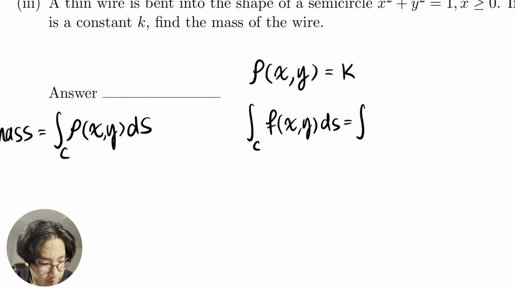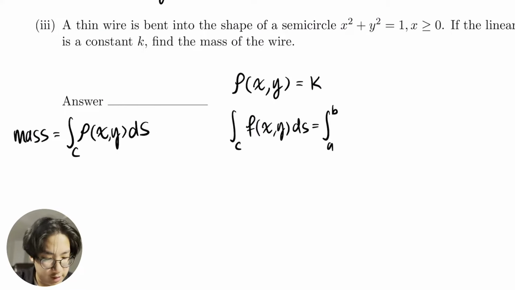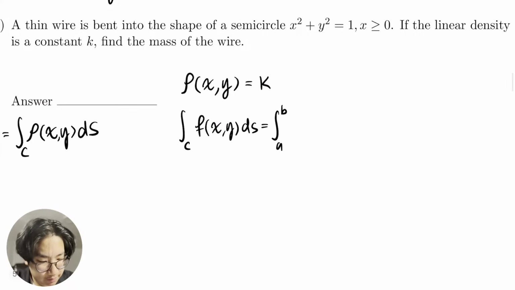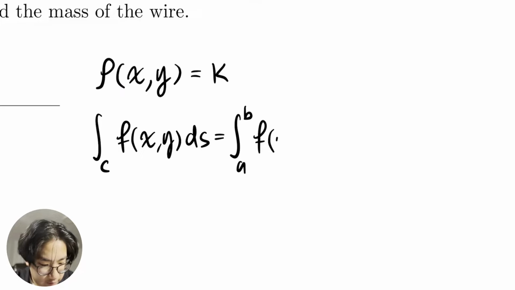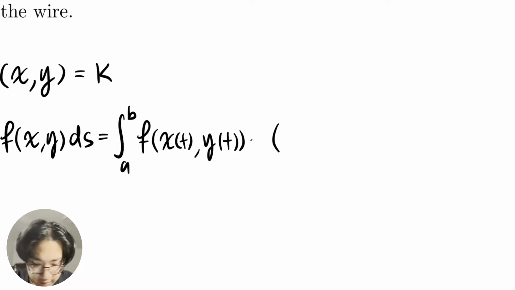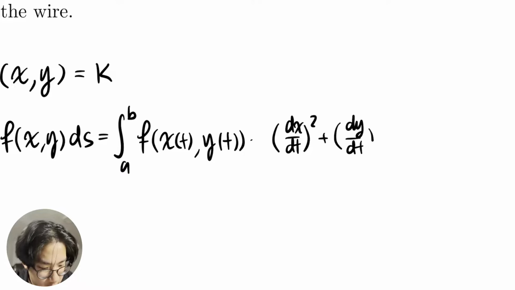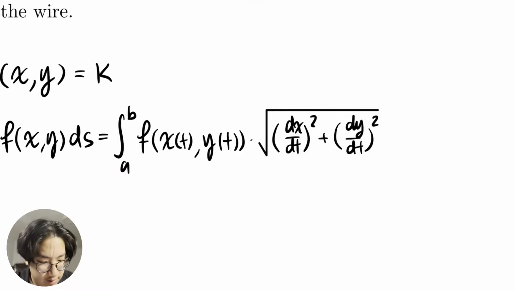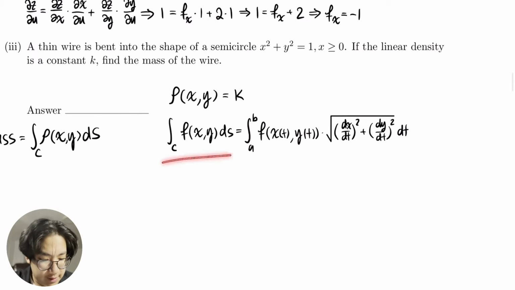It's equal to the integral from a to b, which are the endpoints of our parameterization, of f of x of t, y of t, multiplied by the square root of dx/dt squared plus dy/dt squared, and then dt. So we're going to make use of this exact concept.